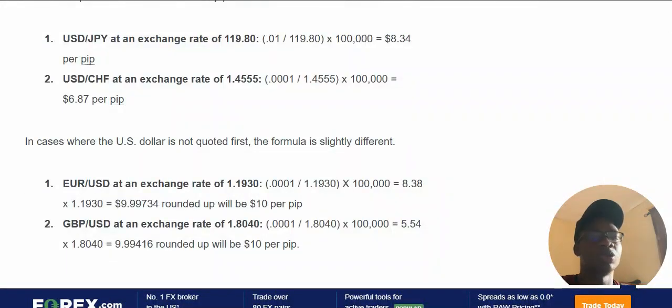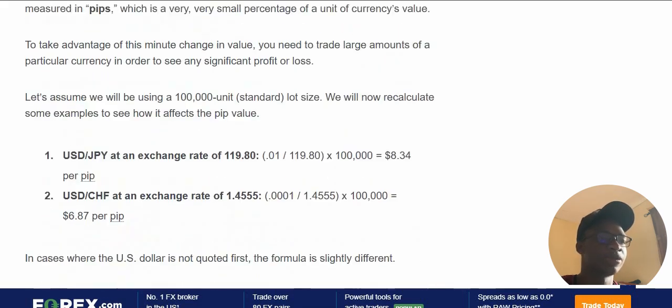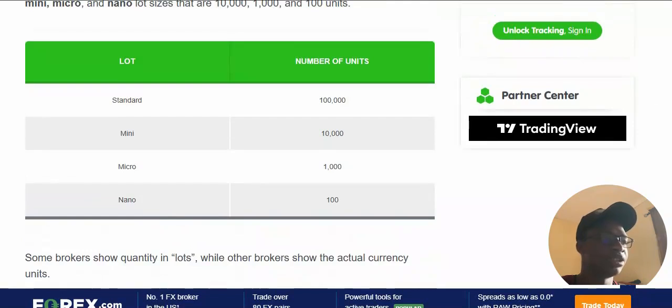We have the standard lots, the mini lots, the micro lots, and the nano lots. So we have four types of lots.